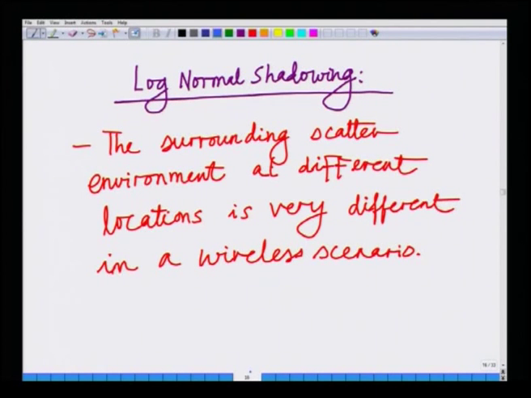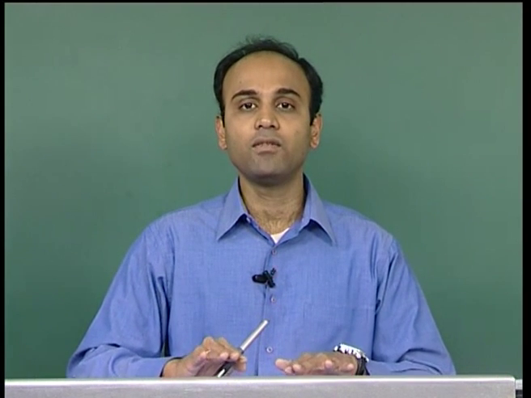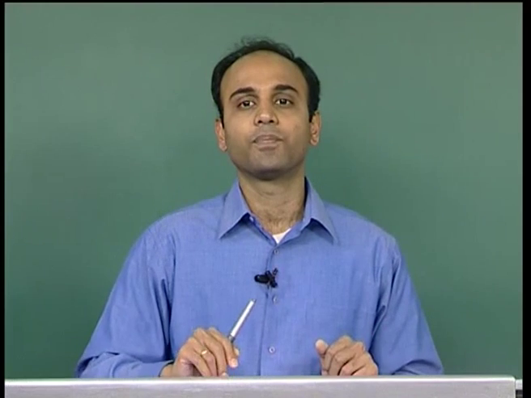And then we moved on to something more important in a cellular system, which is the log normal shadowing. We said even at the same distance, at several different points in a cellular system, the path loss is not the same because of the shadowing effects. That is because the mobile user might be present behind a large wall or a large building or an obstruction and so on.